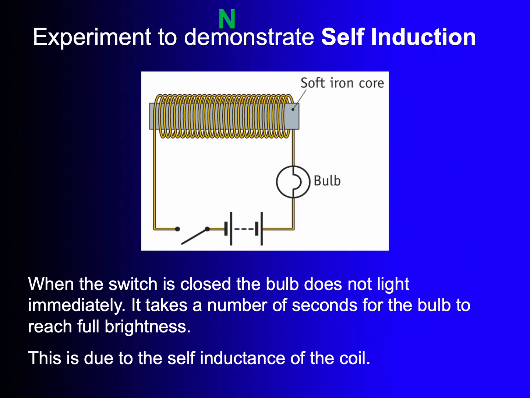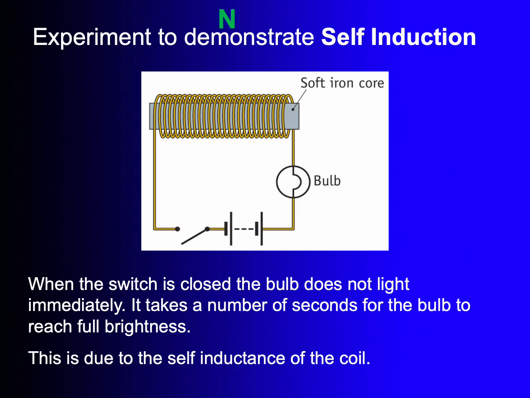If we wanted to demonstrate self-induction, we could connect a circuit like this, where we have a DC source, a switch, a bulb, all connected in a loop, and in that loop we have the coils of wire, and through the middle of it we can put a soft iron core.